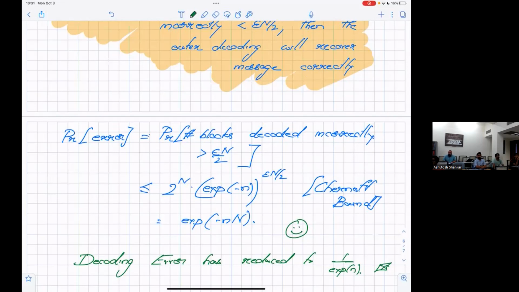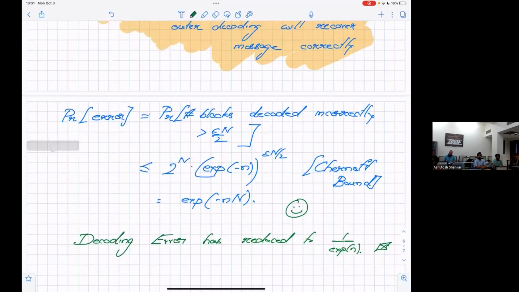But this detail is not needed. I did something quickly and hand waved, but morally what I've shown you constructs polynomial time encoders and decoders and gets the decoding error to be inverse exponential in the block length. So that's already the advantage of vanilla decoding. Okay, questions? Any questions so far?